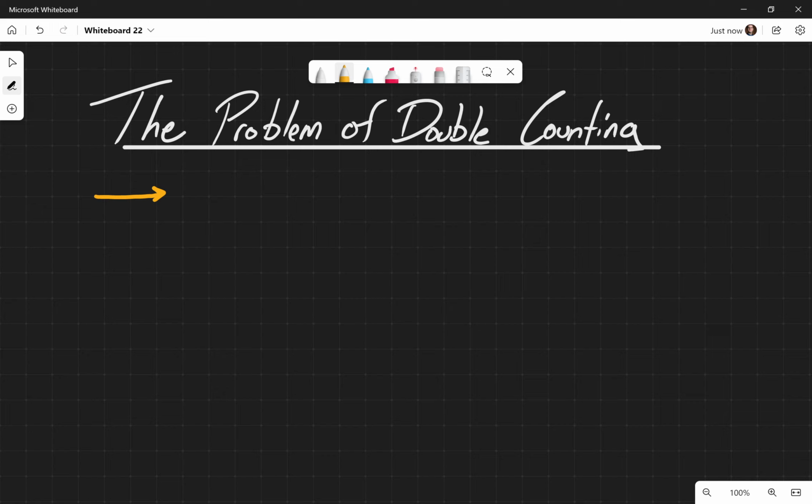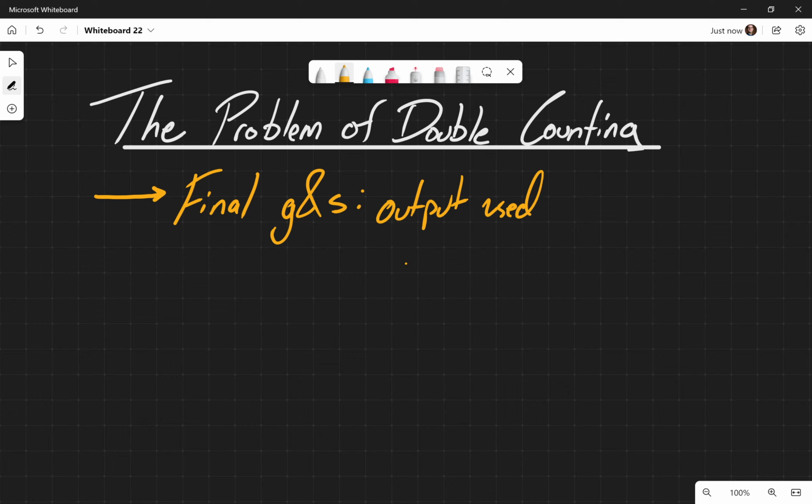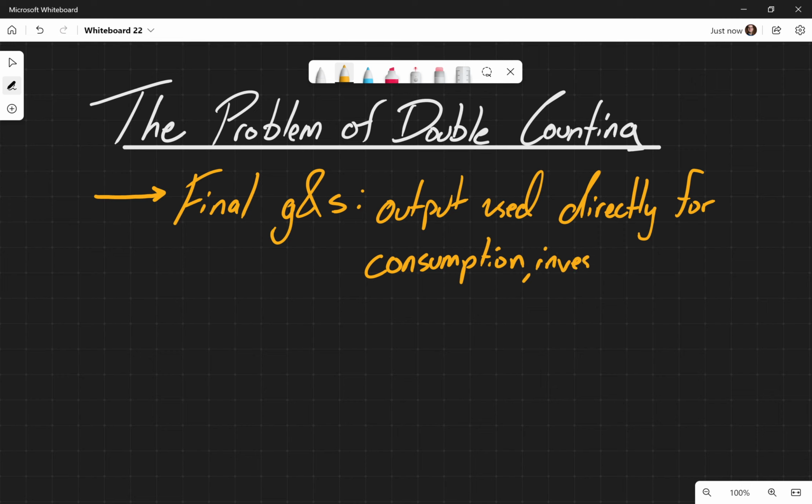To really get a handle on what double counting is, we have to define what final goods and services are compared to intermediate goods and services. Final goods and services is output used directly for consumption, investment, government, and trade purposes.